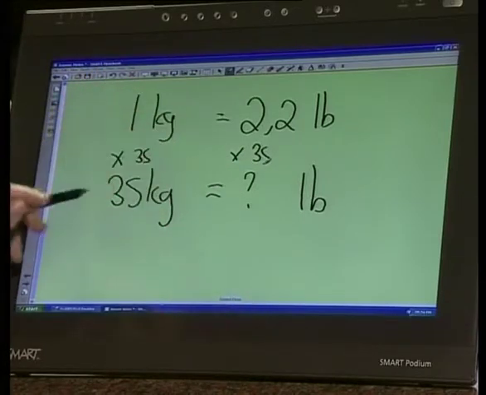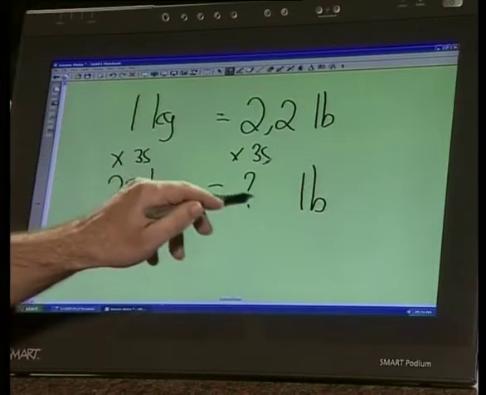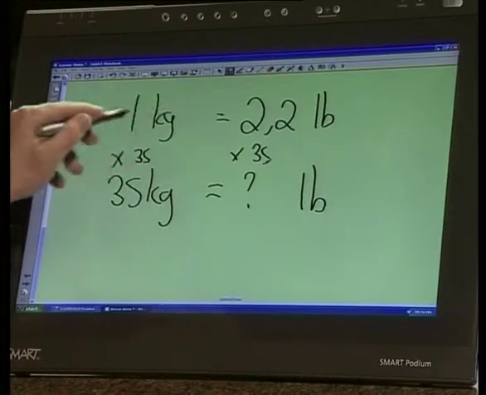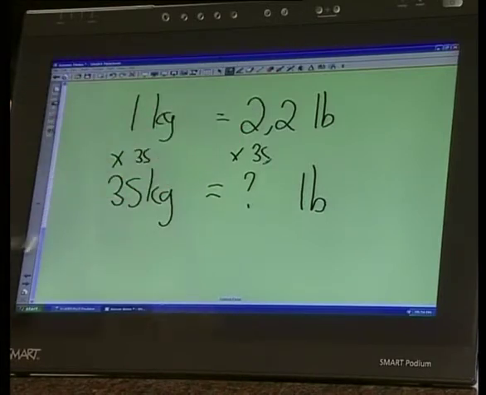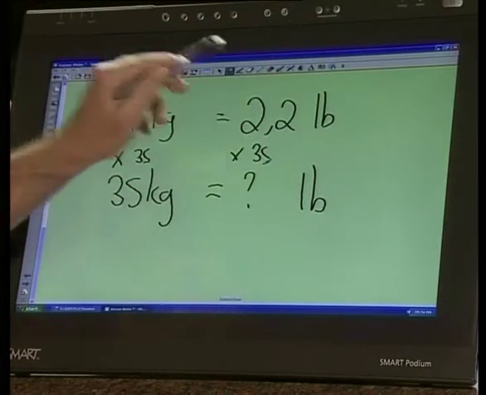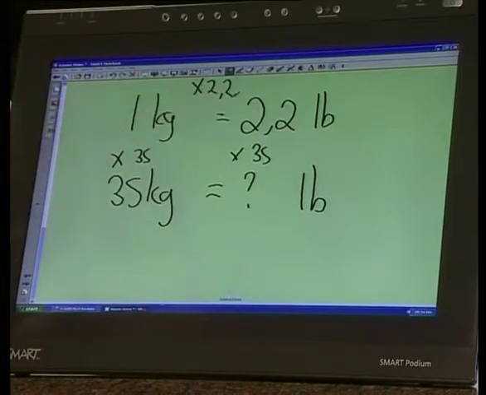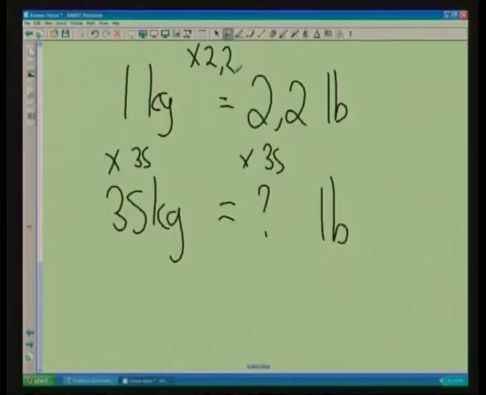Now, you said we should take the 35 and multiply it by 2,2. Well, that's another way to look at it, because if we look across our calculation, to go from 1 to 2,2 we multiply by 2,2. That's right.